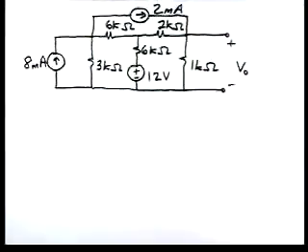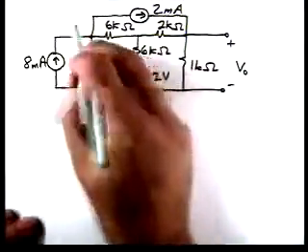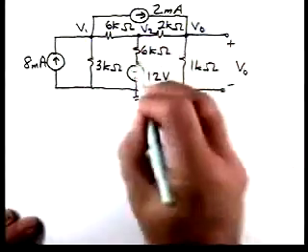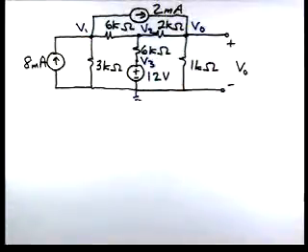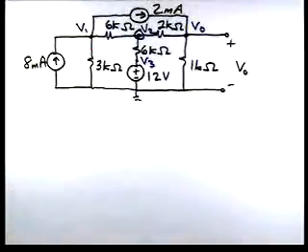So here's our circuit. Again, we'll show the reference node, V1, V2, V0, and V3. Now we want to work at this node, so we want to apply KCL at that node.